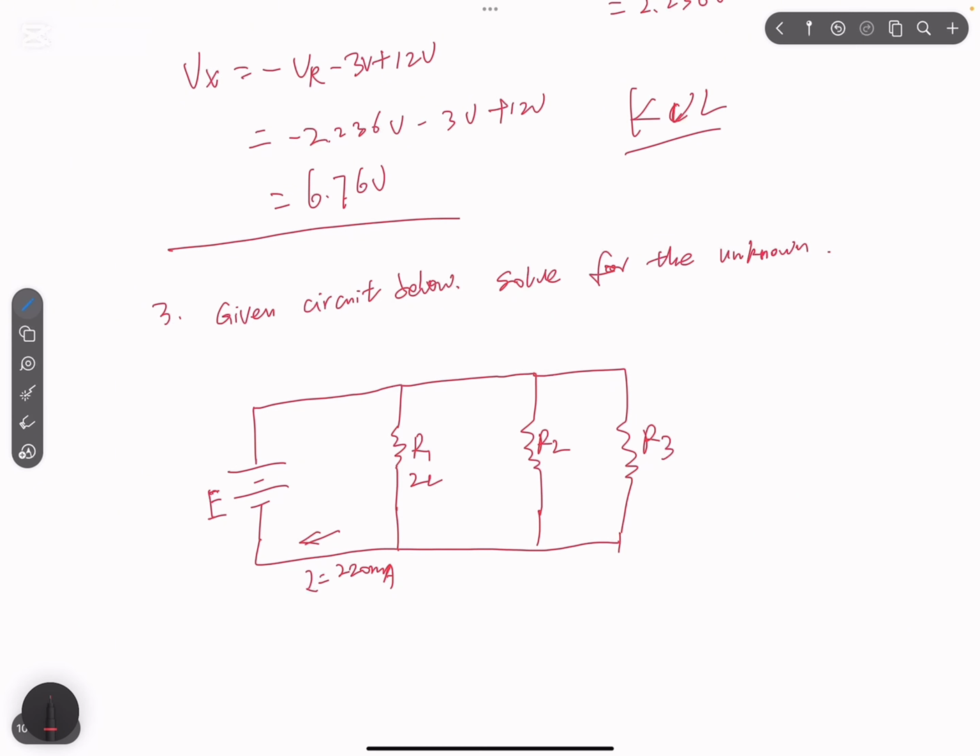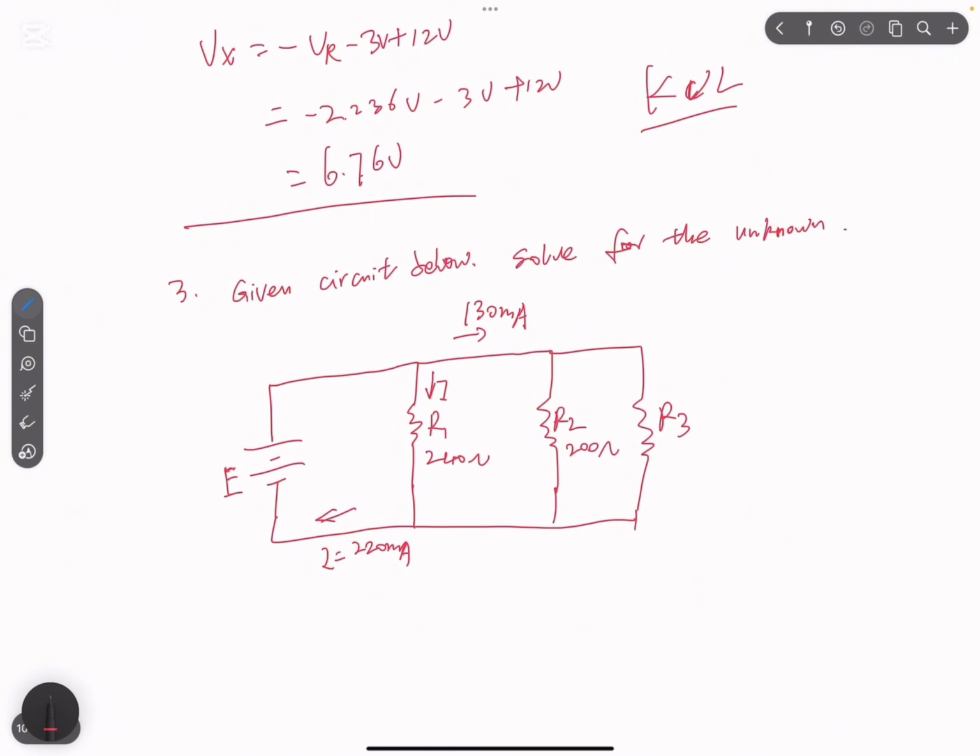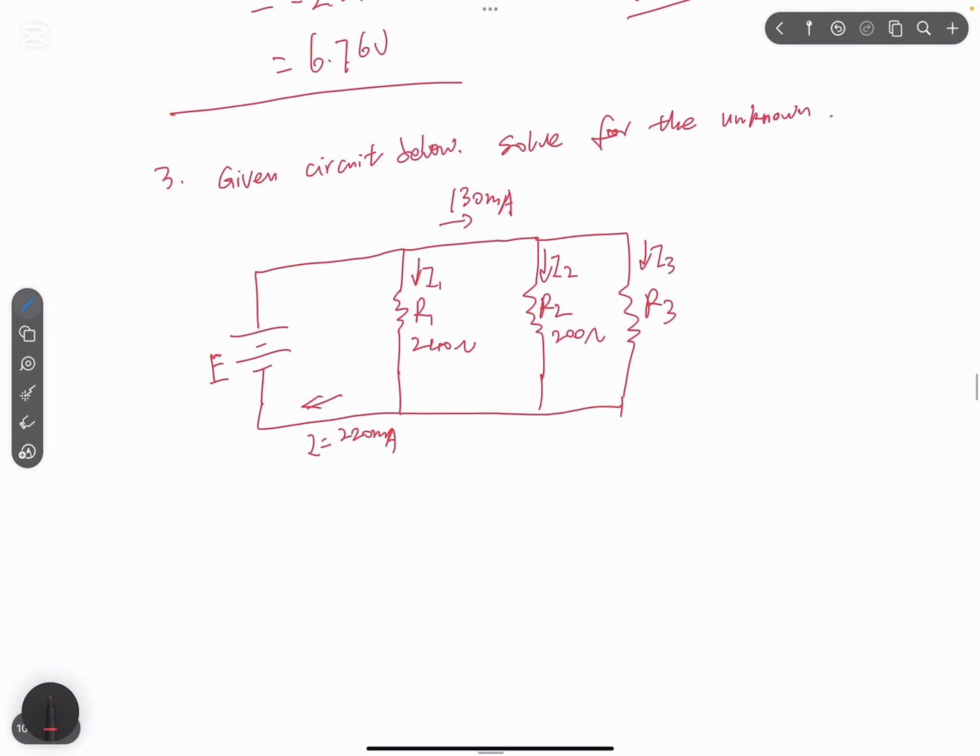We have R1 equal to 40 ohms. We have R2 equal to 200 ohms. And this is the current of 130 milliamps. So this is I1, this is I2, this is I3. So we have the total current I, resistance R1, resistance R2, and the currents I2 and I3.